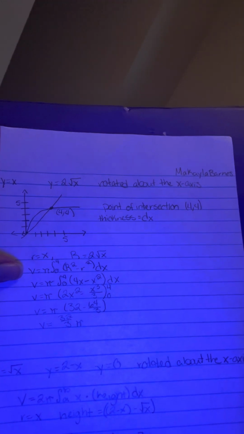So I plugged in everything and I got pi times the integral of 4x minus x squared. Then with the rules and everything, we got 2x squared minus x to the third power over 3.